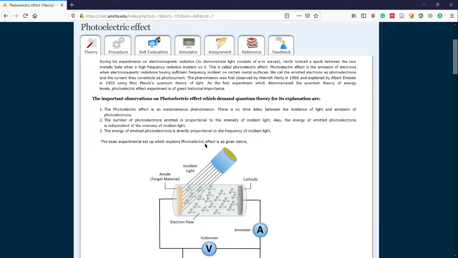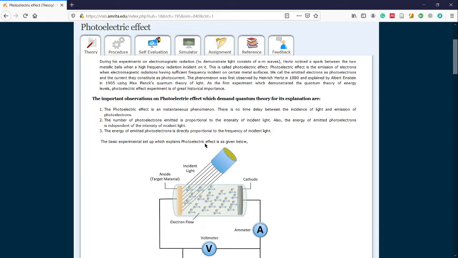Only the photocurrent, that means the number of photoelectrons emitted, is proportional to the intensity of the incident light. Even if the intensity is high enough, if the incident light doesn't have a frequency equal to or larger than the cutoff frequency, there will be no emission of electrons.